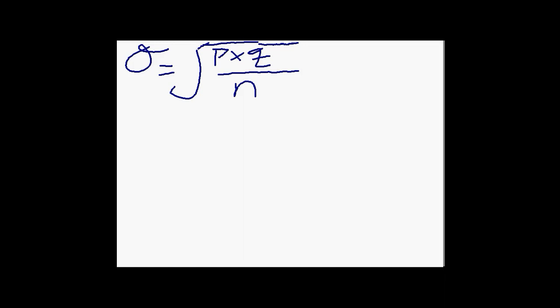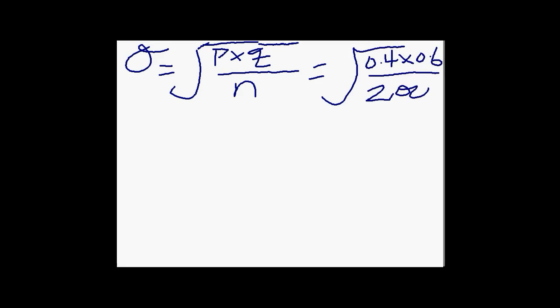So here, the probability of success was 0.4, so the probability of failure will be 0.6, all over 200.